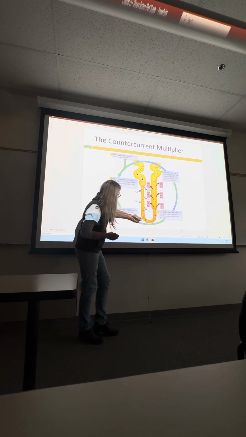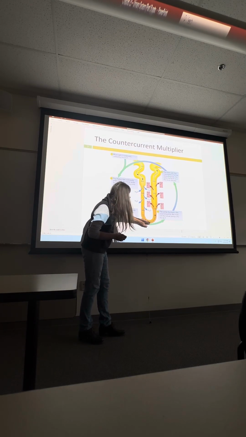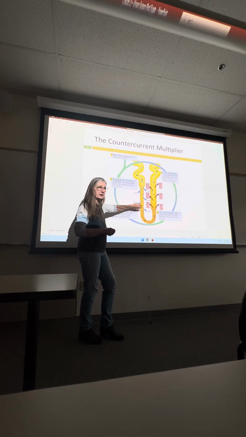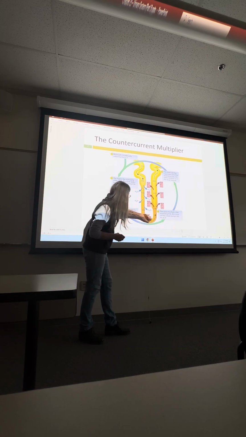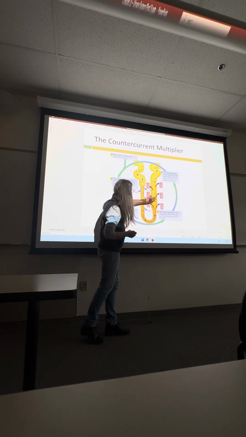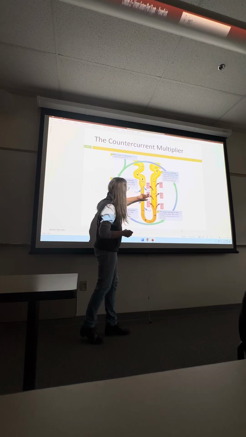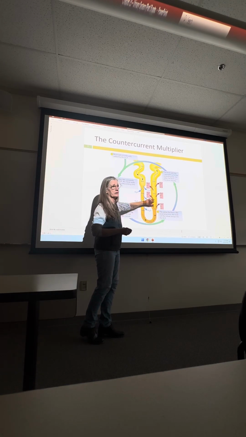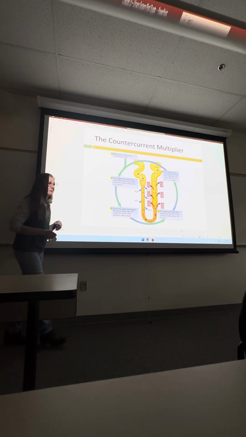Here it's very highly solute concentrated. Water's leaving this descending limb because it can. It's not permeable to anything else. Sodium, chloride, potassium are pumped out of the tubular fluid here, and that draws the water out from here. It seems a little backwards, but that's the way it's working.